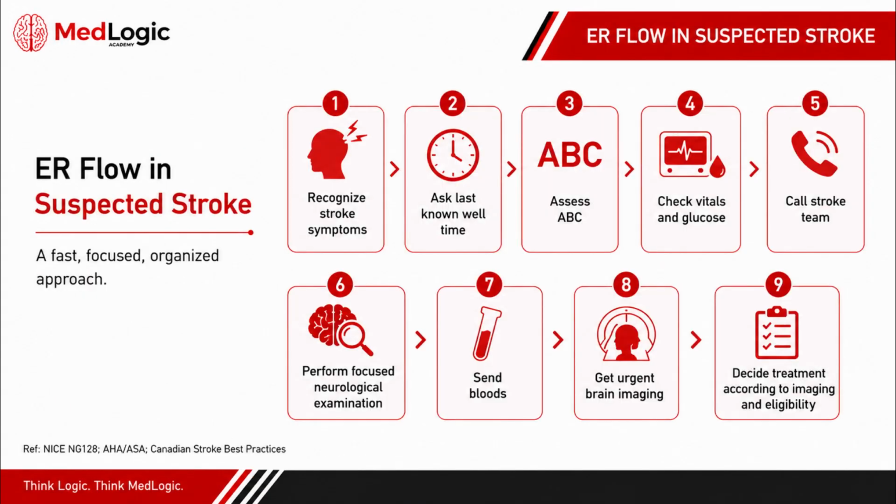So the ER flow is recognize stroke symptoms, ask last known well time, assess ABC, check vitals and glucose, call stroke team, perform focused neurological examination, send bloods, get urgent brain imaging. Then decide treatment according to imaging and eligibility.